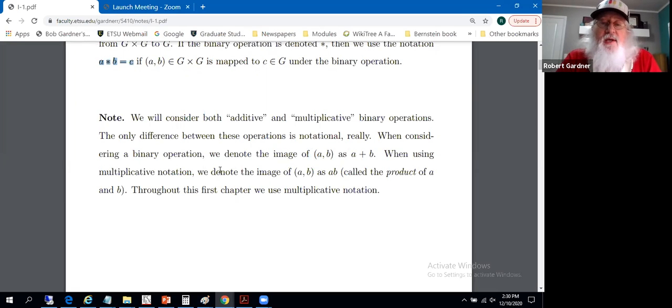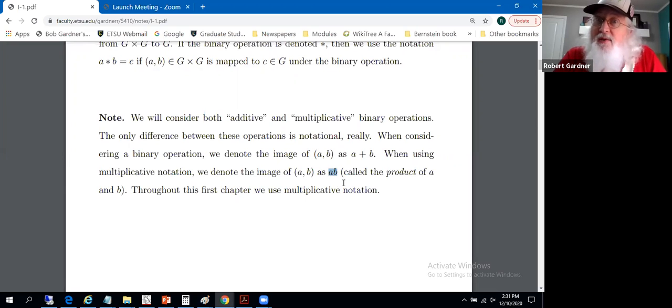If we're considering an additive binary operation, then we'll denote the ordered pair (A, B) in the Cartesian product of the set G with itself as A plus B. If we're considering multiplicative notation, then we'll associate this ordered pair with the product. Rarely will we put a multiplication sign in between them. It's understood that there's a multiplicative binary operation there.